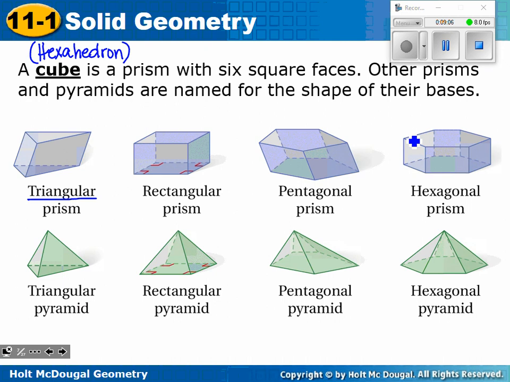So if they just give us the shape, how do we know what's supposed to be the base and what's supposed to be the face? So every prism has rectangles. So you're looking for what are the two that are different, that are congruent and parallel. Because this one has four rectangles, and this one has three rectangles, those are just the faces. It's the two shapes that are different.